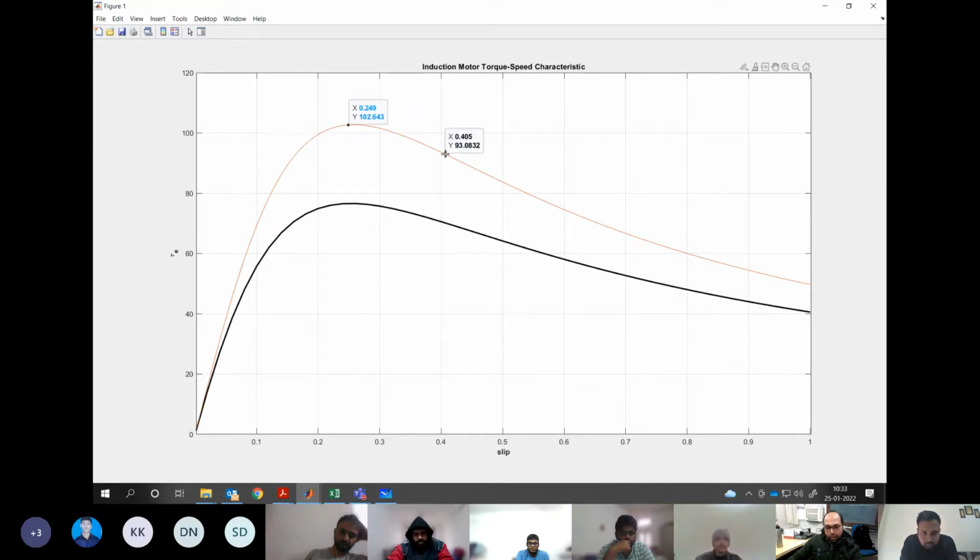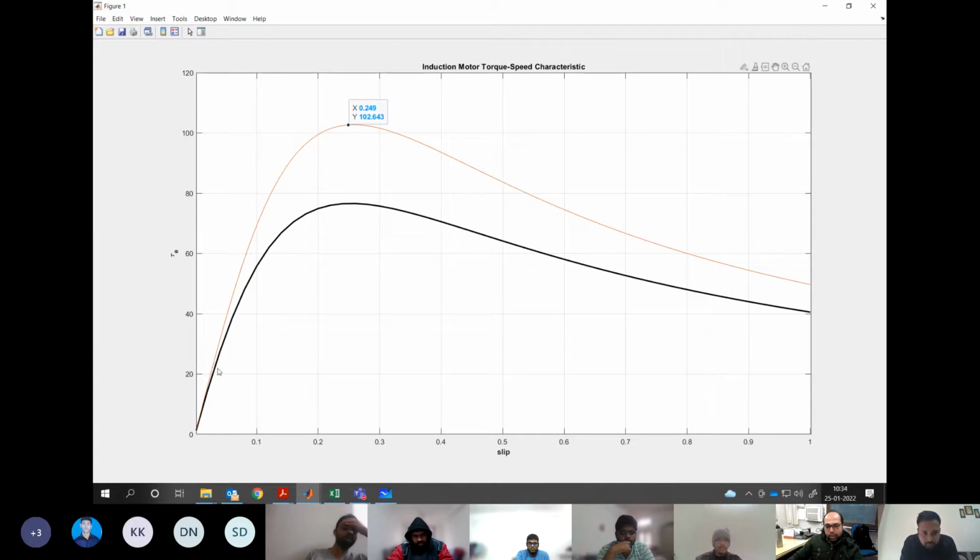So what we see is that yes, there is a lot of difference in terms of the torque level, maximum torque generated, for the higher slip operations. But for the low slip operations, where the motor actually operates, this approximation is still good. Slip value could be like 2%, 5%, which is a small range.